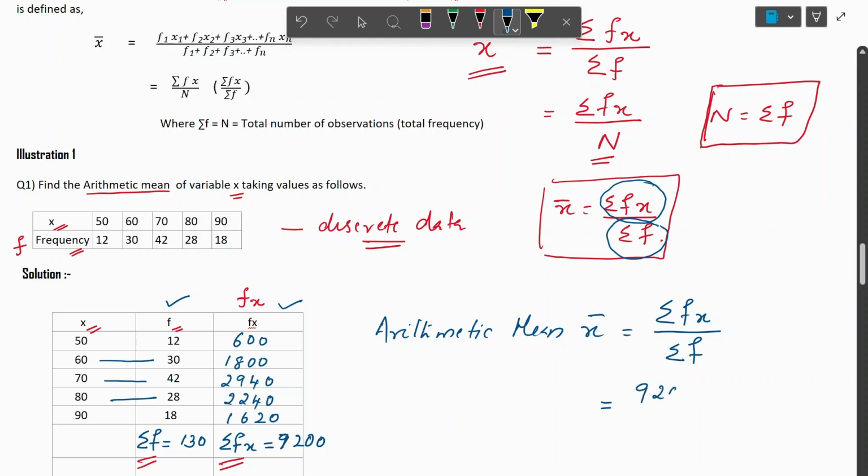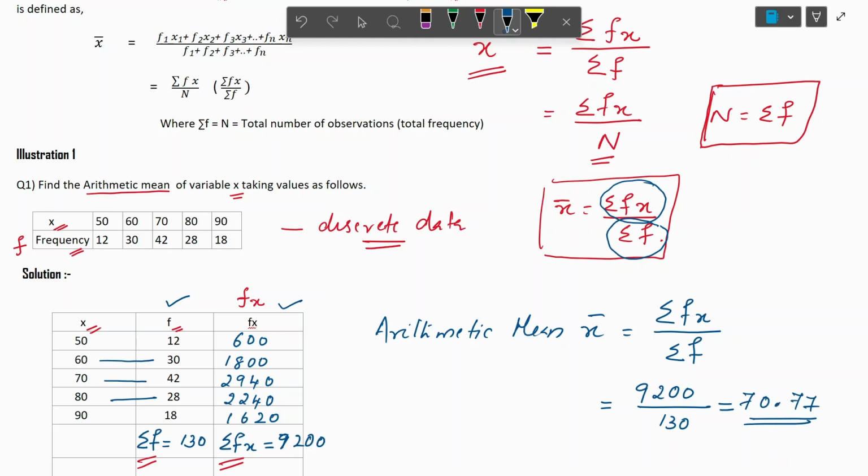That is 9200 divided by 130. Calculate, divide it. You are going to get 70.77 as your answer. Now here we are not writing any unit because it is not given in the question. Therefore, we are just writing that the answer is equal to 70.77.